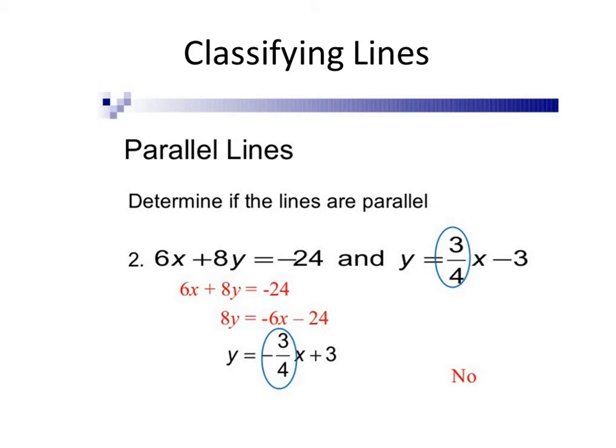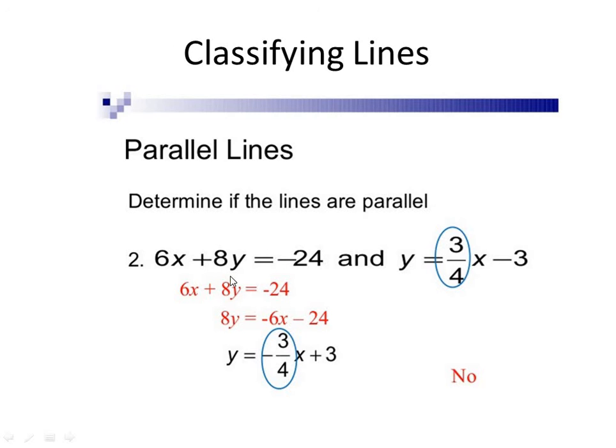If they have exactly the same slope, they are parallel. For example, here we have two equations, but they are written in two different forms. To compare them, I have to write them in the same form. I cannot compare them like this.